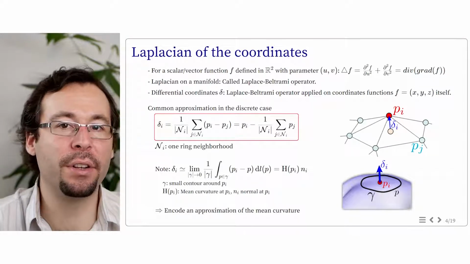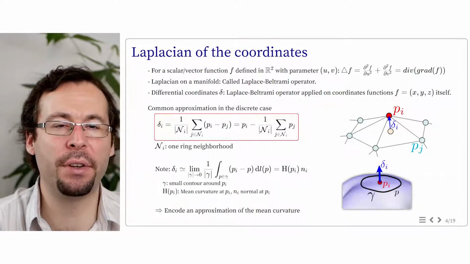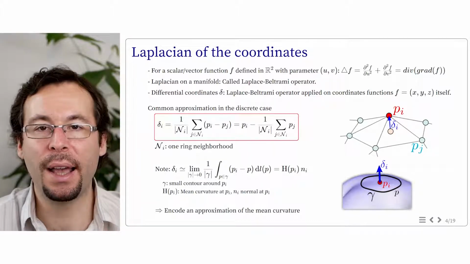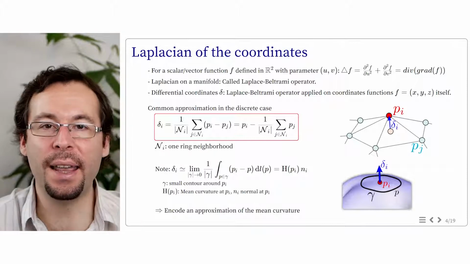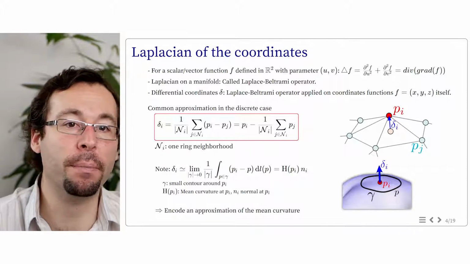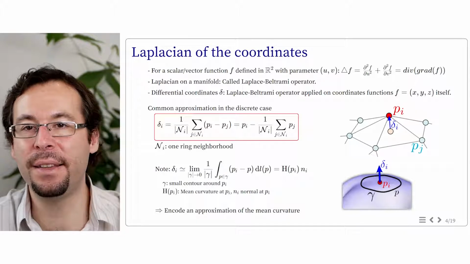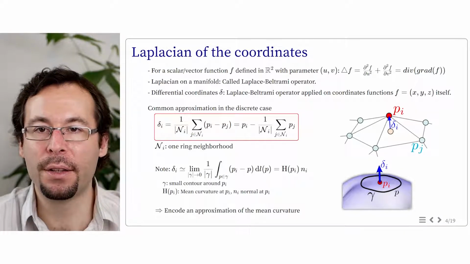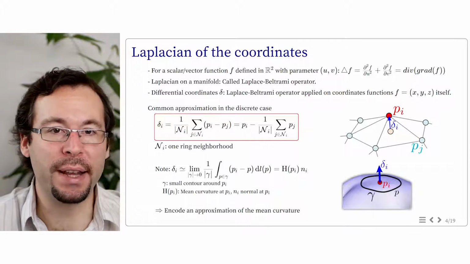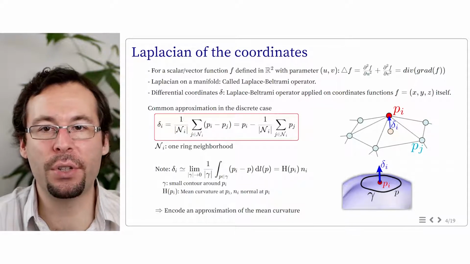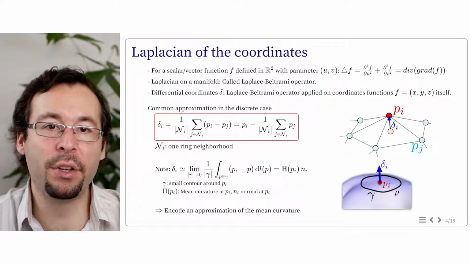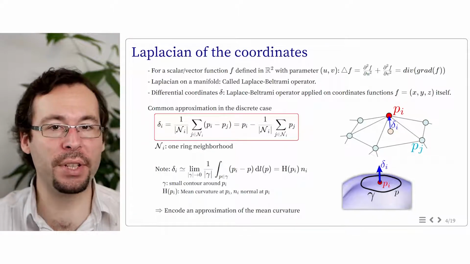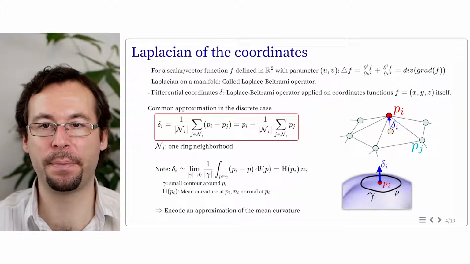And this actually relates to the mean curvature of the surface at position pi and is equal to h of pi times ni, with h being the mean curvature and ni the normal vector at point pi. So finally, in other words, the Laplace coordinate in the discrete case encodes an approximation of the mean curvature of the surface, which is a local property of the appearance of the shape.